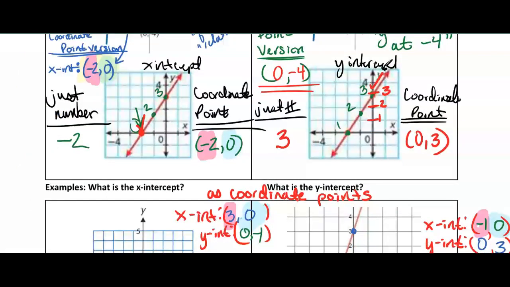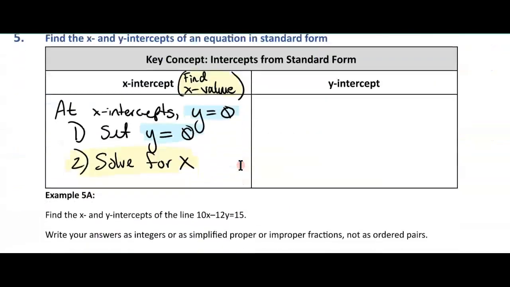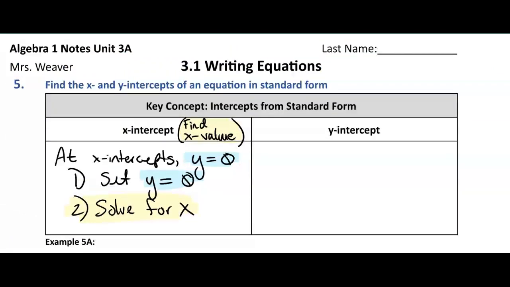All of our y-intercepts, the x position is 0, 0, 0, y-intercept x equals 0. The 0 is really important. So when we come back to objective number 5, we see that at y-intercepts, x equals 0.